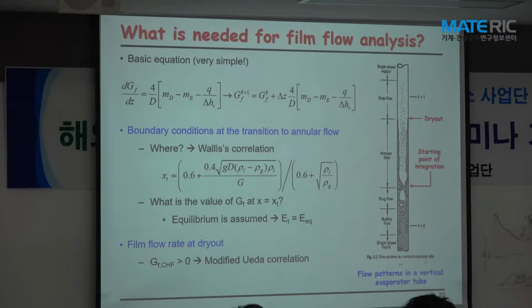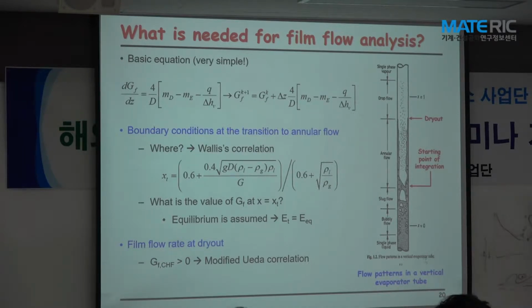Of course, the film flow rate should be greater here. But at the moment of the film dryout, maybe the situation is something like this. Dryout. Therefore, this G sub f is the time averaged value.